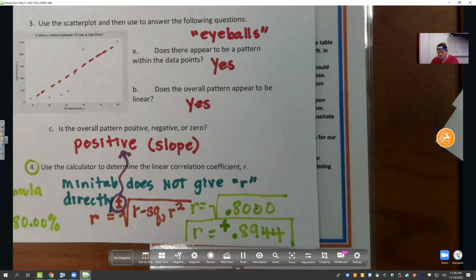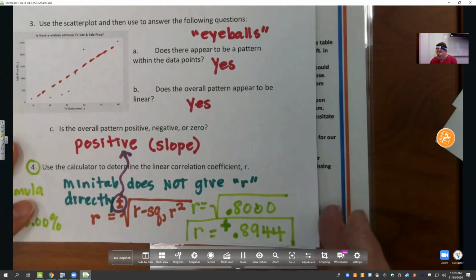So again, remember your R value is between -1 and +1, and the closer you are to 1, the stronger the relationship. Well, 0.8944, that's kind of close to 1. So again, my gut's telling me, yeah, there's a relationship.